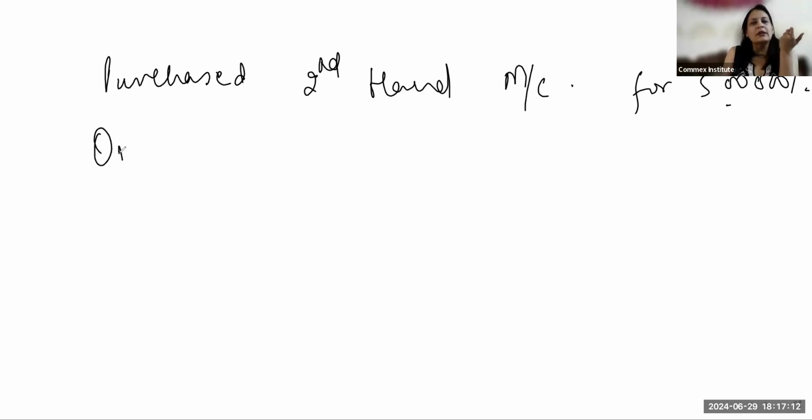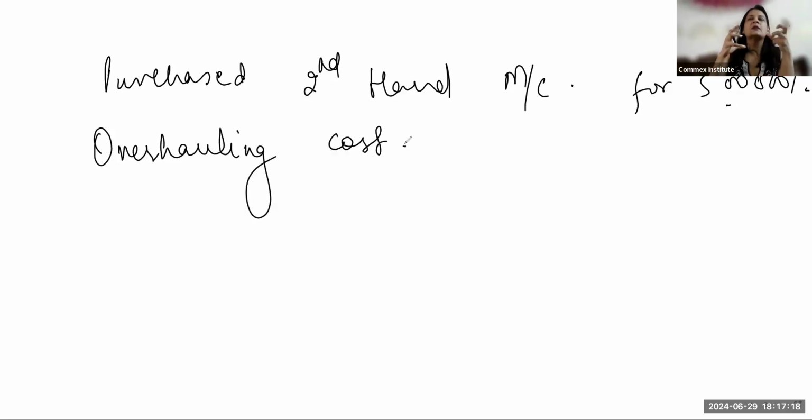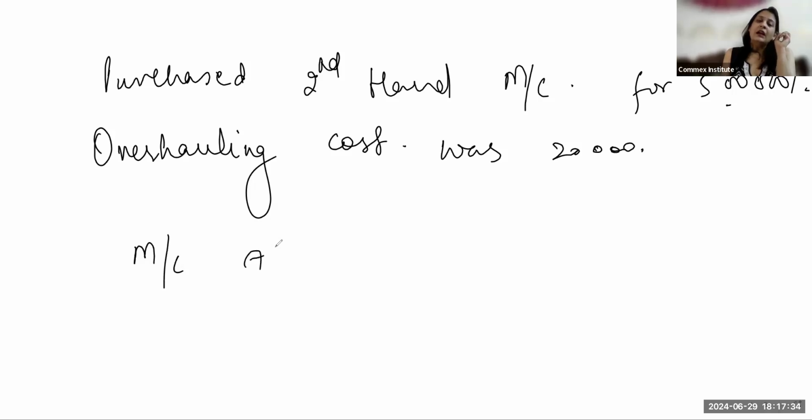Overhauling is the renovation cost which you have to spend to make it ready for your use, because it was a second-hand asset. So the overhauling cost was, say, 20,000. My entry would be machinery account debit to cash or to bank, 5,20,000.